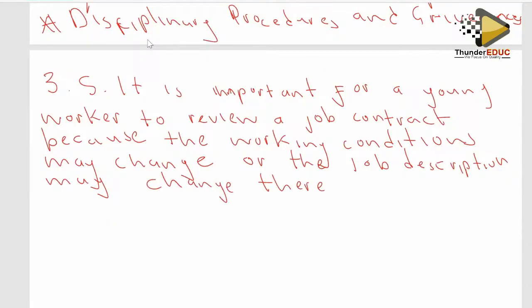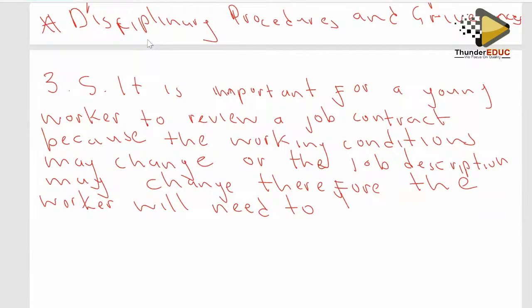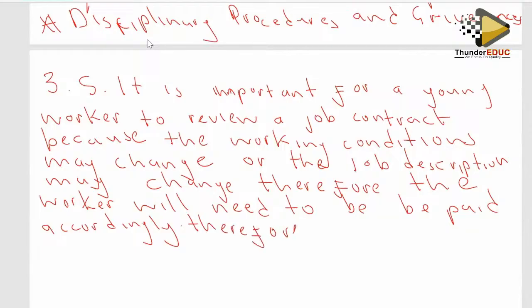Therefore, the worker will need to be compensated accordingly. So in the workplace, working conditions can change, or even the job description can change. So the worker would need to be paid accordingly. Therefore, there is need to renegotiate the salary.